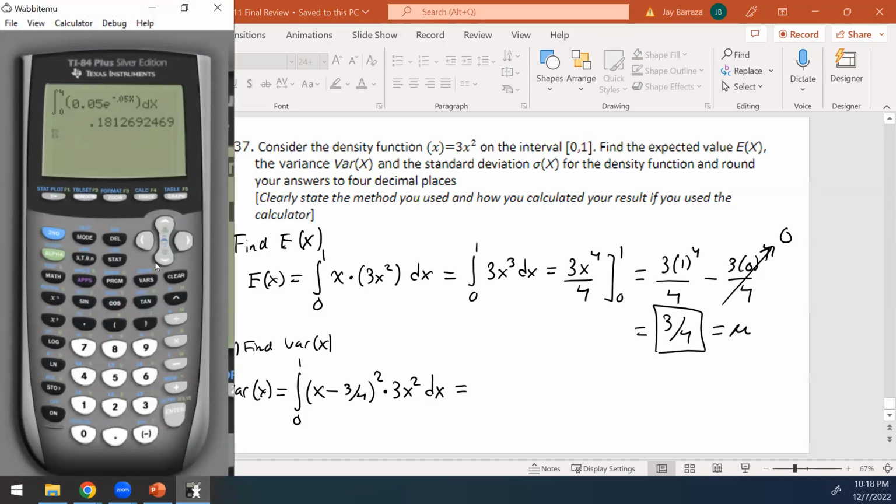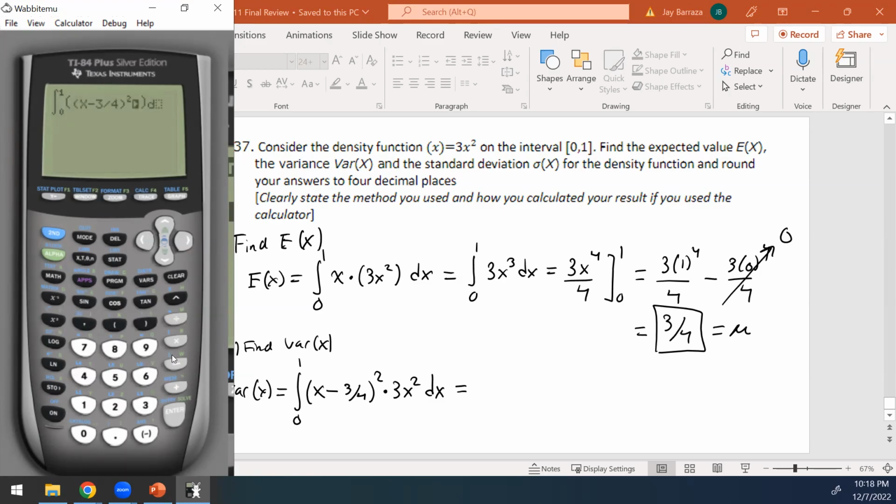Let me clear this. Math, all the way down to option number 9. You're going to do 0, you're going to do 1, and then a parenthesis. You have to do a parenthesis, and then x minus 3 divided by 4. Close that parenthesis, and then square it.